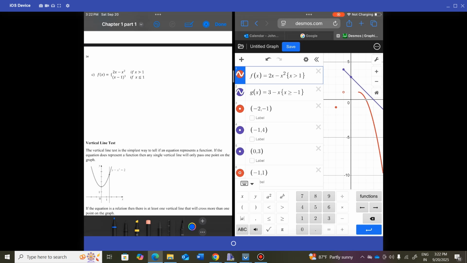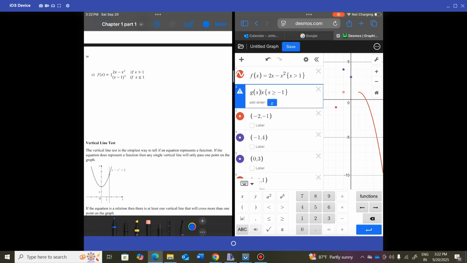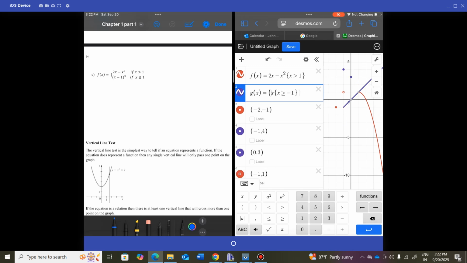And then we'll do (x minus 1) cubed, and it's going to be when x is less than or equal to 1. And then the points we want to find on here. All right, so 1 is included in the bottom equation.